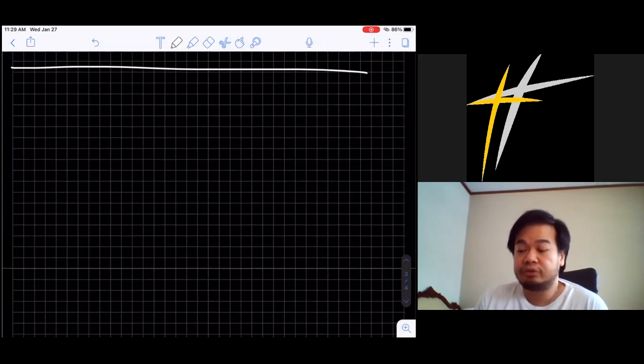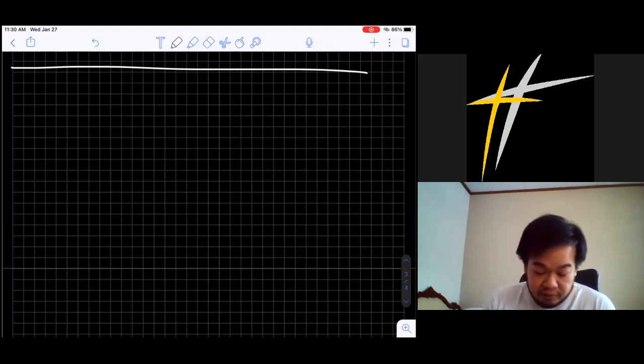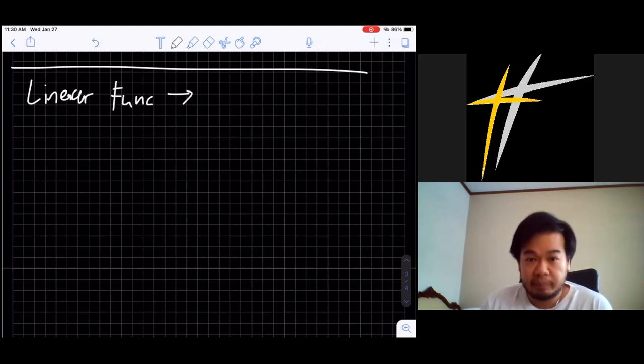You need to be able to sketch elementary functions: linear, quadratic, power, and exponential. Now I will review a bit. For a linear function, remember the graph will form a straight line.